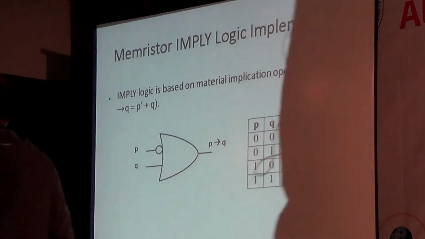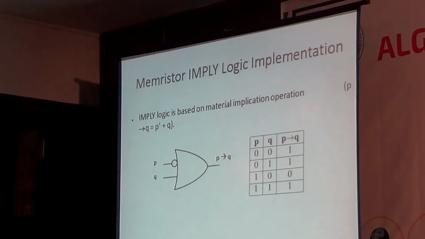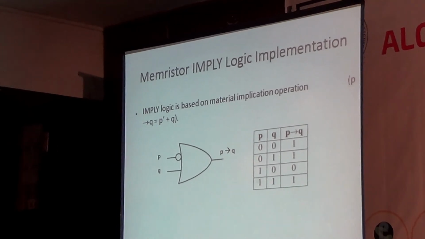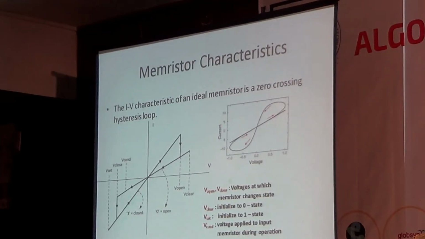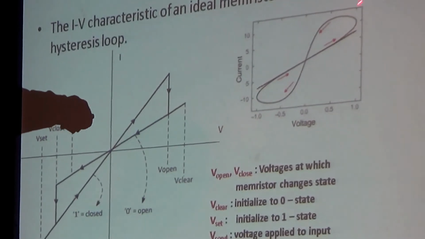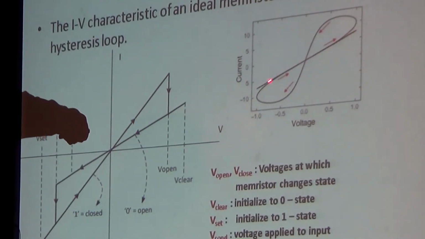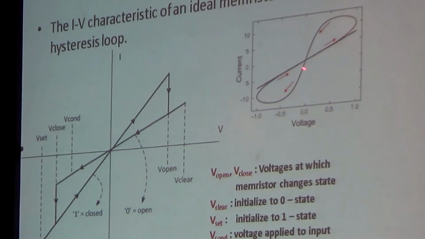But before that, let us look at the current voltage characteristics of a memristor, which again is very interesting. This is the real current voltage characteristic of a memristor, which exhibits a hysteresis loop. This is called a pinched hysteresis curve, pinched at 0 voltage.